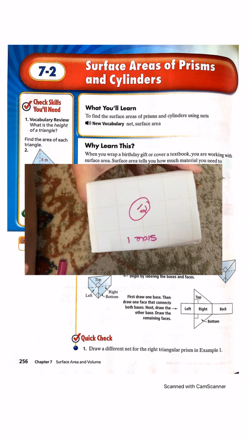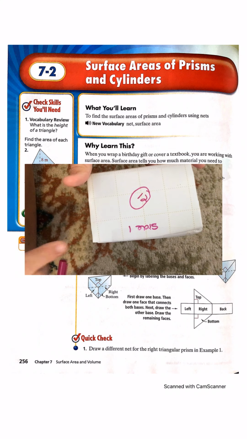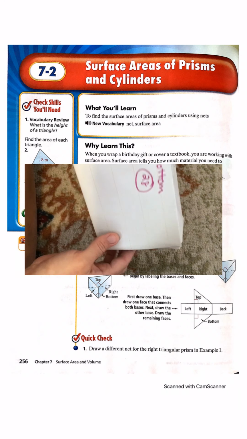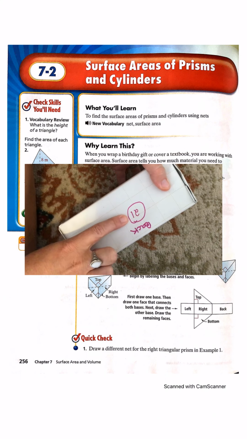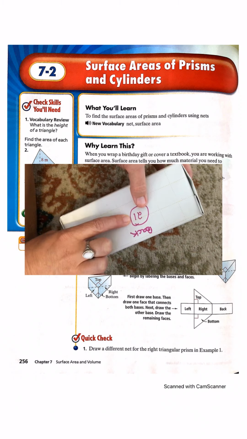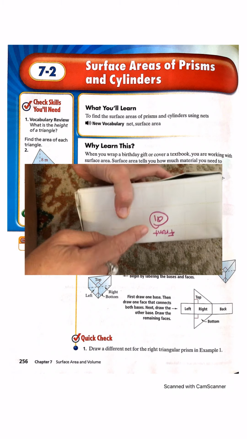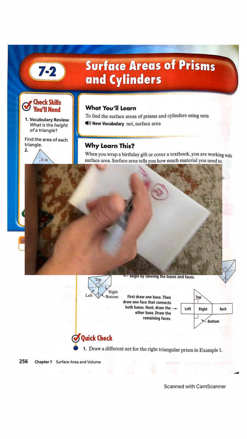So then if we take all of these and add them up, we will be able to come up with the surface area. So 12 plus 12 is 24, plus 21 is going to be 65, plus another 21. Here, let's write it at the top.